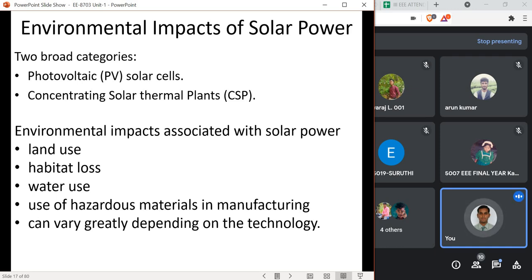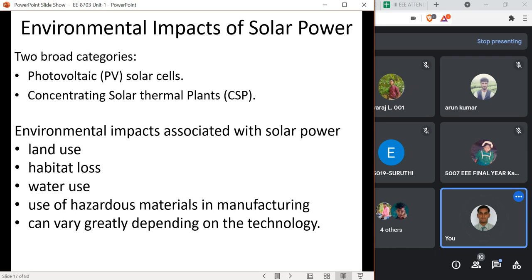The heat energy is utilized in concentrating solar thermal plants, whereas the light energy is utilized in solar photovoltaic cells. Keep in mind, the solar photovoltaic cell converts light energy into electrical energy, and the concentrating solar thermal plant converts heat energy into electrical energy.